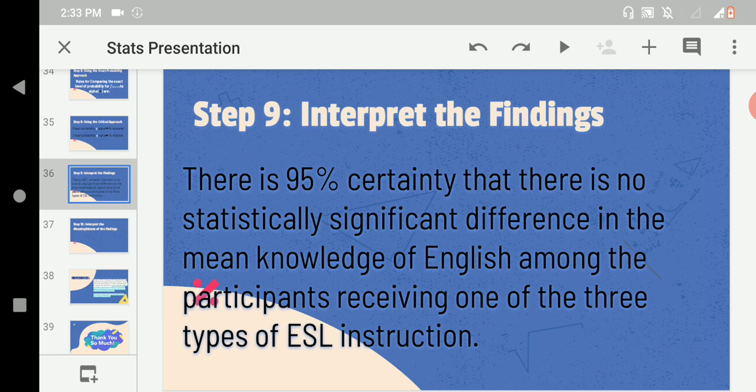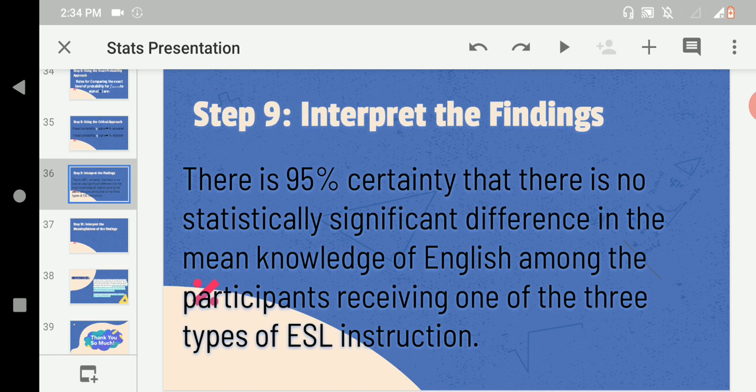So when you interpret the findings, you are already concluding that there is 95% certainty, and it is 95% because we use the alpha 0.05, which is equivalent to 5%.